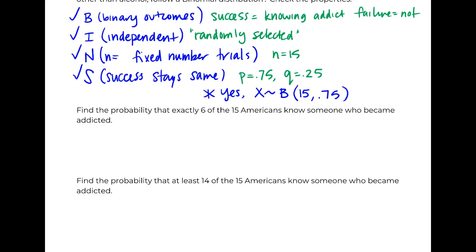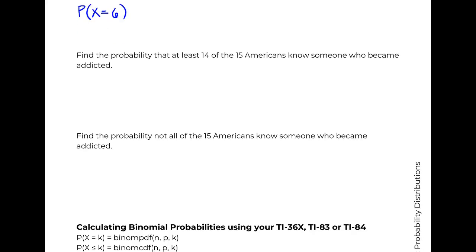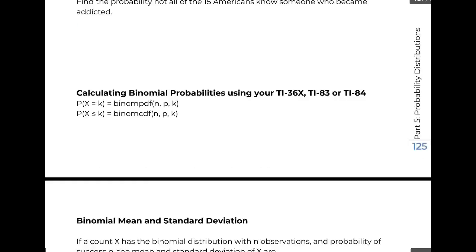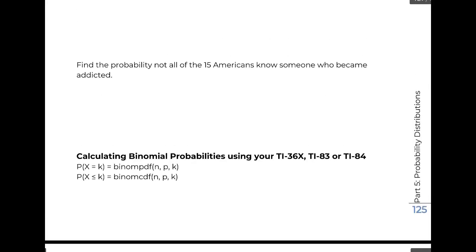So now that we've determined that it's binomial and we've translated everything we need, we're going to use that formula to find probabilities. So the first one says, find the probability that exactly 6 of the 15 Americans know someone who's become addicted. So probability that our number of successes, which is our X, is equal to 6. Now we could use the formula, which is on our formula sheet. But if you go down to the bottom, we also have this sweet formula or shortcut for the calculator.